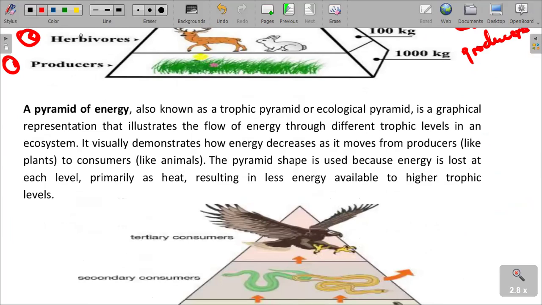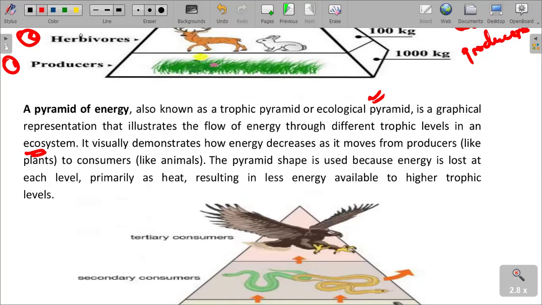And then lastly, we want to look at a pyramid of energy, also known as a trophic pyramid or ecological pyramid. It is a graphical representation that illustrates the flow of energy through different trophic levels in an ecosystem. It visually demonstrates how energy decreases as it moves from producers to consumers.